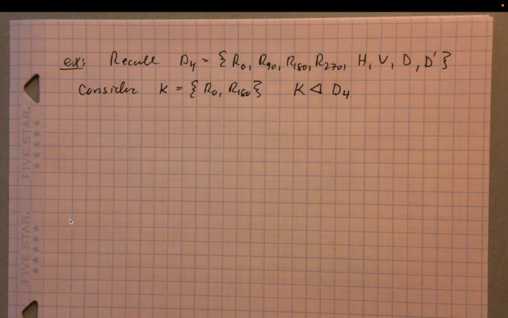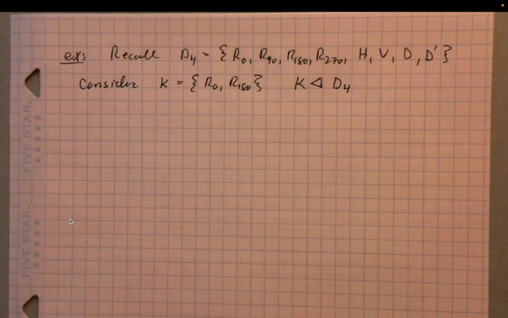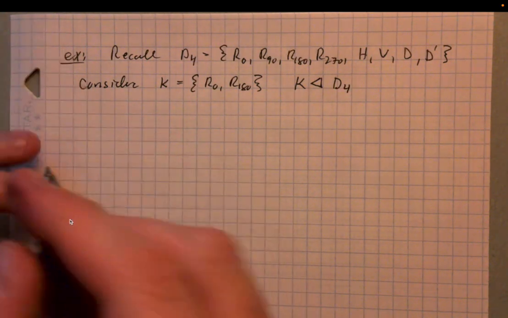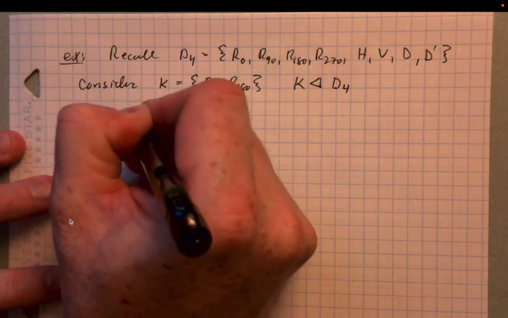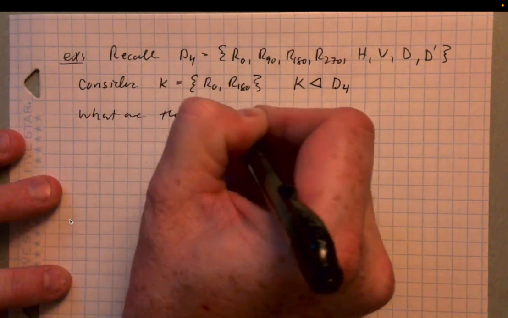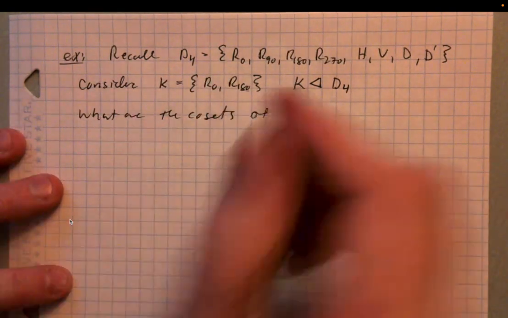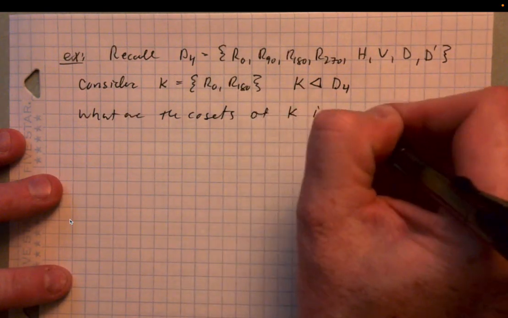Now, what I want to do is spend a little time developing the cosets of K, just to make sure that idea is clear. Because when we get to the Cayley table, if we have a good sense for where the cosets came from, it'll really help make the connection clear. So, what are the cosets of K in D4?